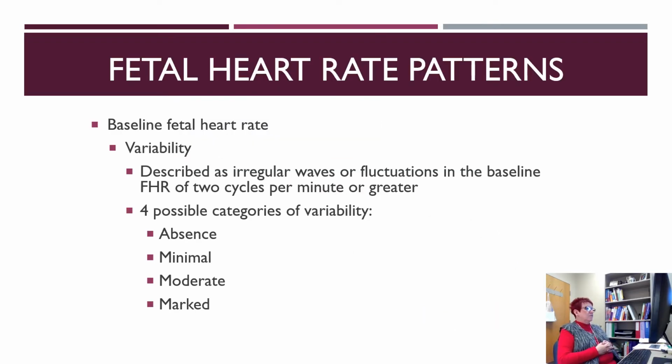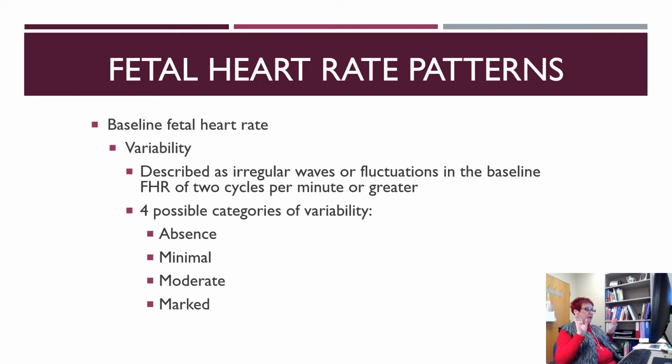Okay, so fetal heart rate patterns we need to talk about. We have the baseline, okay? 110 to 160 is what's normal. So every baby has their own, okay? The variability is those little waves or fluctuations on the baseline. And so we look for at least 2 cycles per minute or greater.